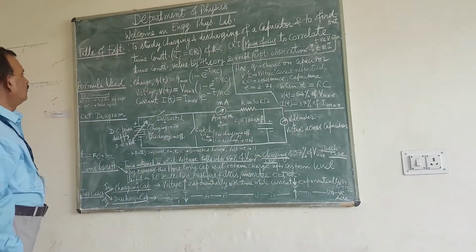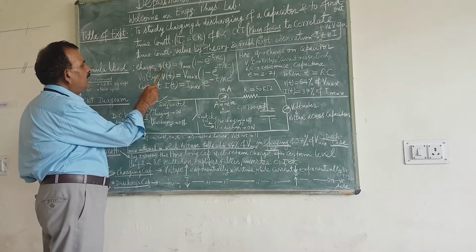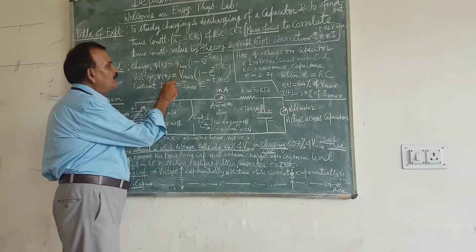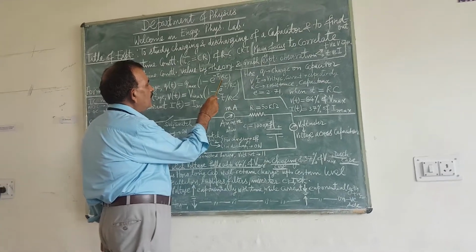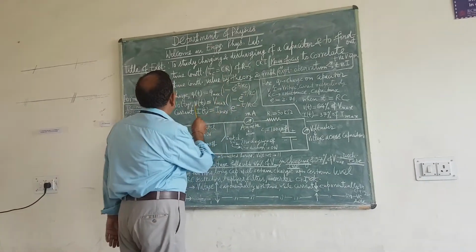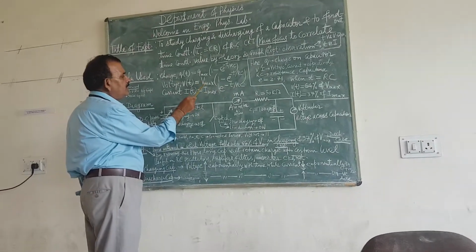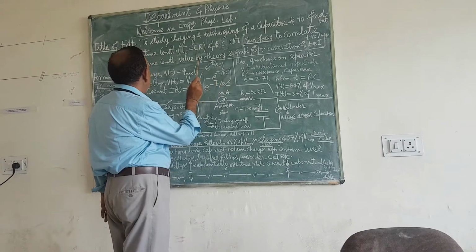capacitor. Formulas used here: the charge at any time t is equal to the maximum charge times (1 minus exponential of minus t upon RC). Voltage at any time t is equal to the maximum voltage times (1 minus exponential of minus t upon RC).